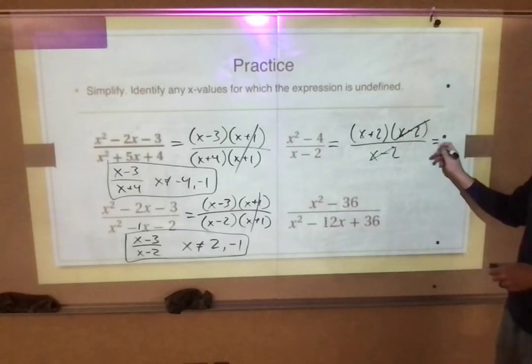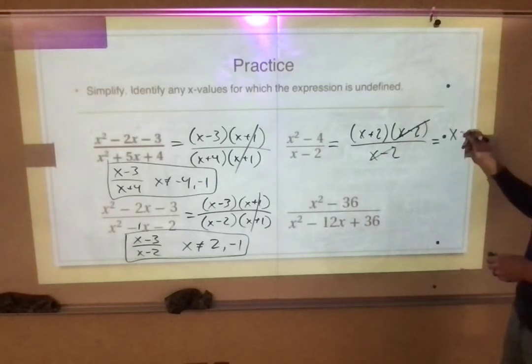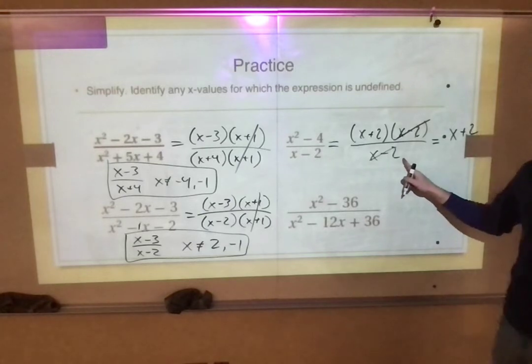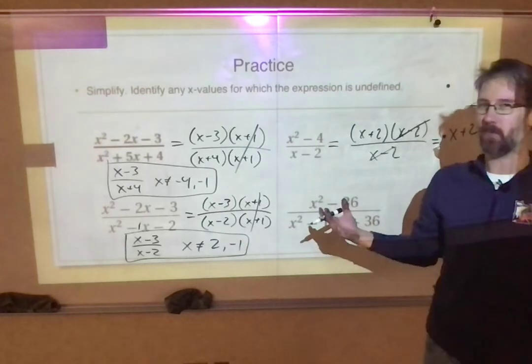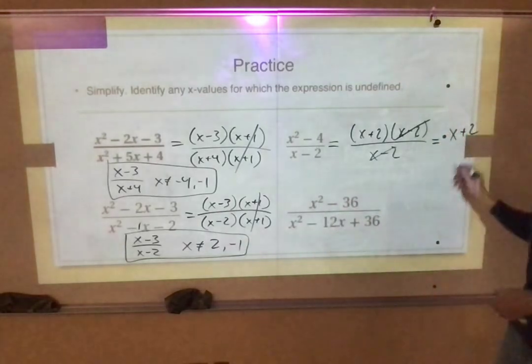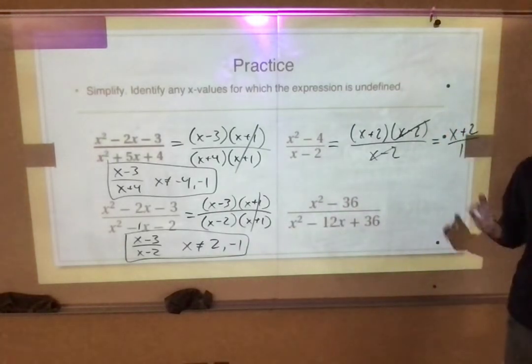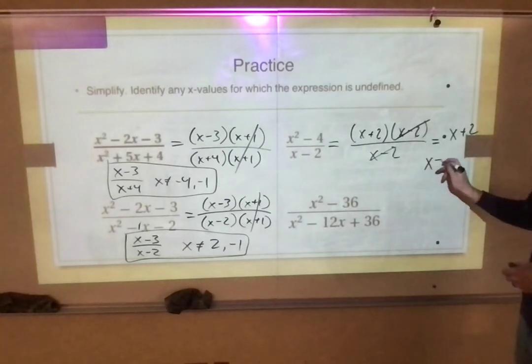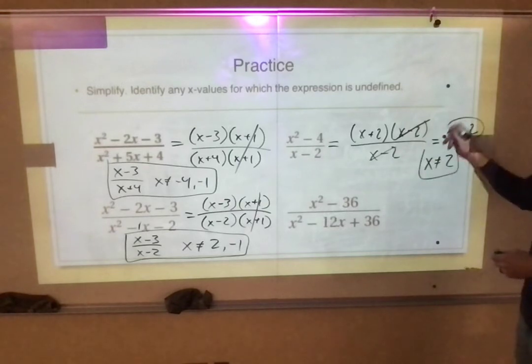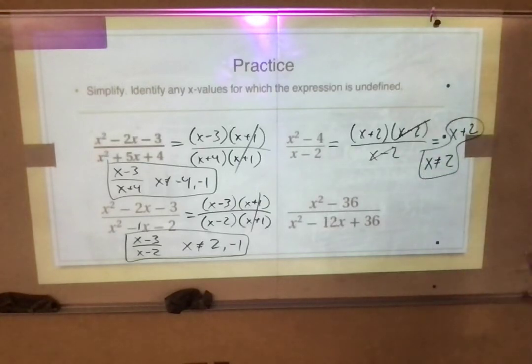All right, so what's left over? X plus 2. Everything in the denominator canceled, so that means the denominator is equal to 1, but we really don't write that if the denominator is 1, right? Like you could write it like this, but we normally don't. And then our domain restriction, in this case, is that x can't equal +2.